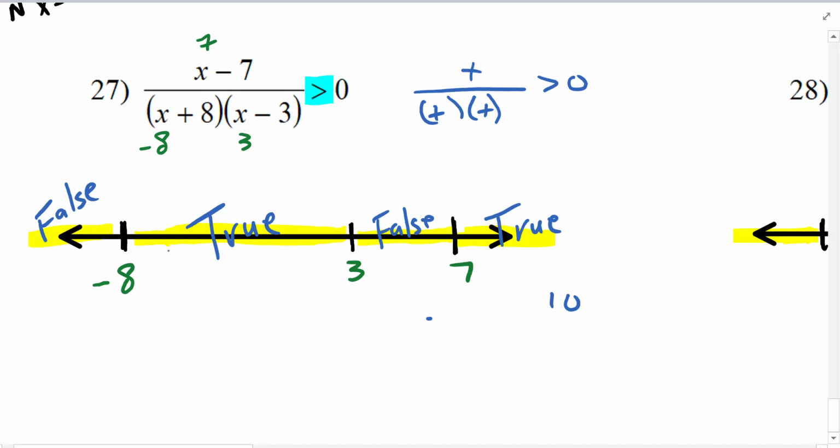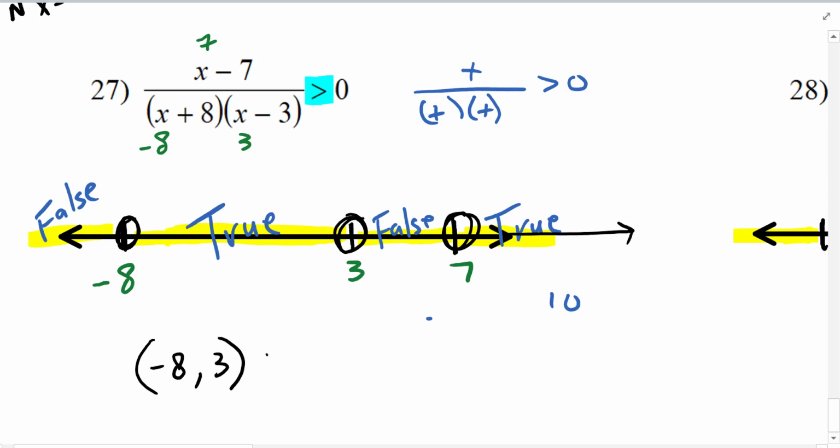So since it's this interval right here, that would be a hollow dot, that would be a hollow dot, that would be a hollow dot, and then on to infinity is open. So we would have from -8 to +3, open parentheses, that means the same as hollow dot, and then from 7 to +infinity, and both of those have open brackets.